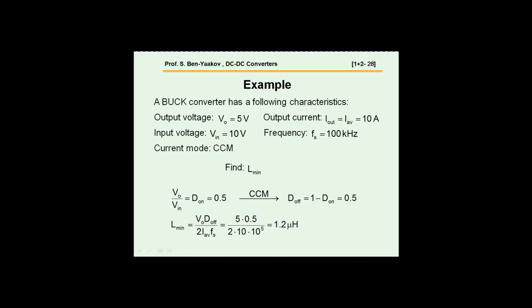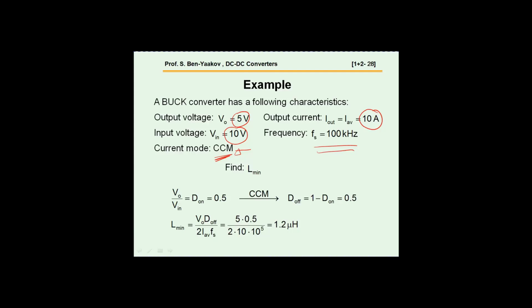So let's take an example for the calculation of inductor needed. Now suppose we want an output voltage of 5 volts, we want to operate with an input voltage of 10 volt, we want to be on the borderline of CCM, we have a 10 amp current, and we are running it at 10 kilohertz.